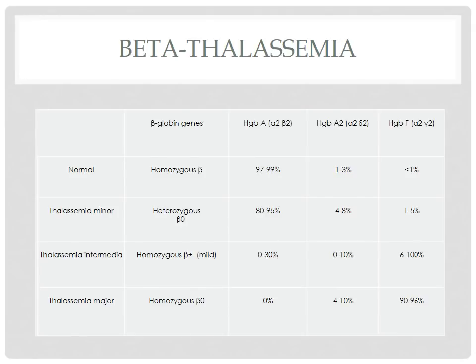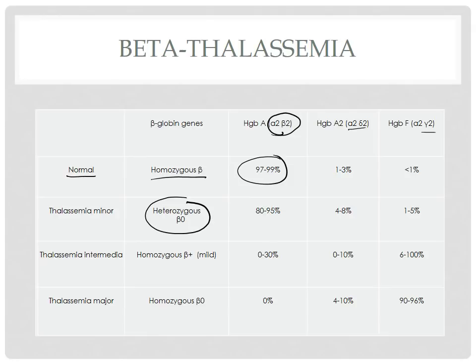Beta thalassemia table is below, and you can see the typical appearance. So if you have a normal patient, they have 2 betas, which is what they should have, and they will have very normal hemoglobin. So they have their A2B2, makes up the most of their hemoglobin, and then they have a very small amount of the hemoglobin A2 and the hemoglobin F. In thalassemia minor, they are missing one of their beta chains.